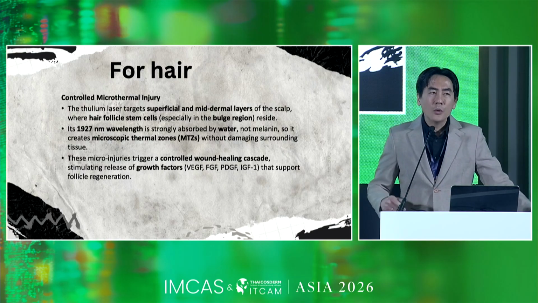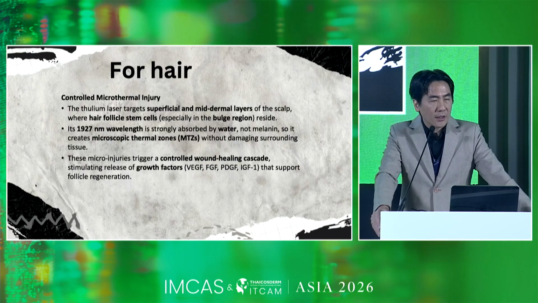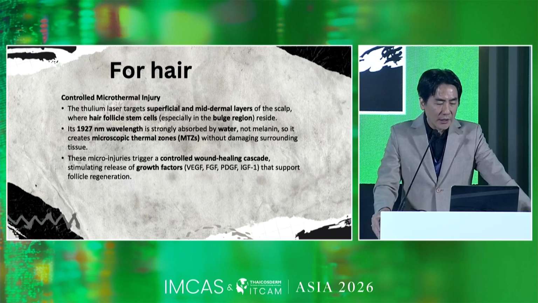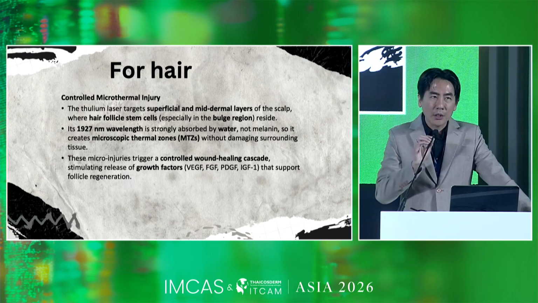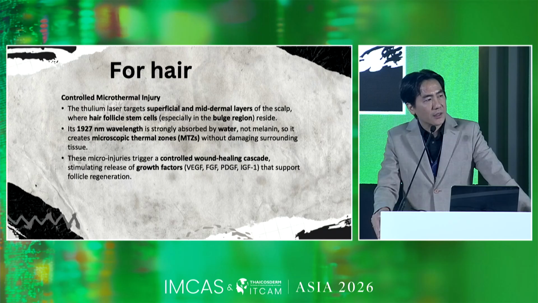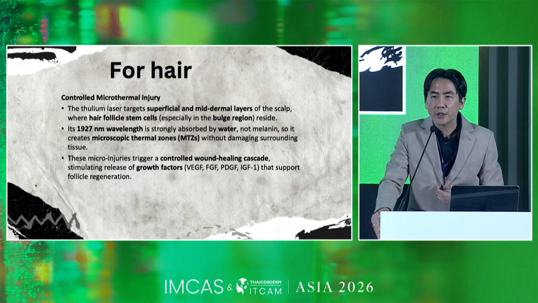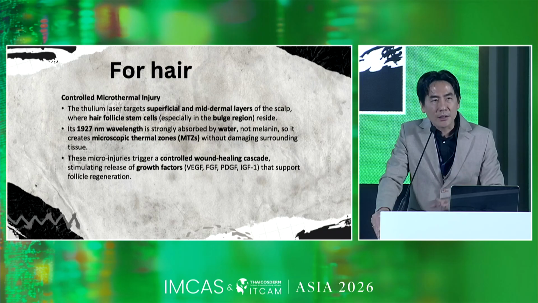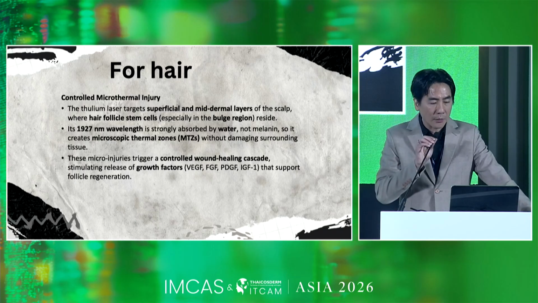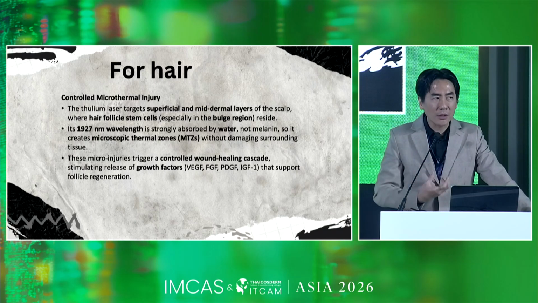So how does it work? For example, the hair. Because we are targeting the superficial and mid-dermal layers, and the thulium chromophore is water, it's not affecting the hair follicle. For example, when we are using the long pulse Nd:YAG laser, it's quite hard for us to treat hair regrowth, because the Nd:YAG targets the melanin, the pigment on the hair bulb. Using the thulium laser affects the water, so it won't affect the hair bulb, but we are creating the microthermal zone.